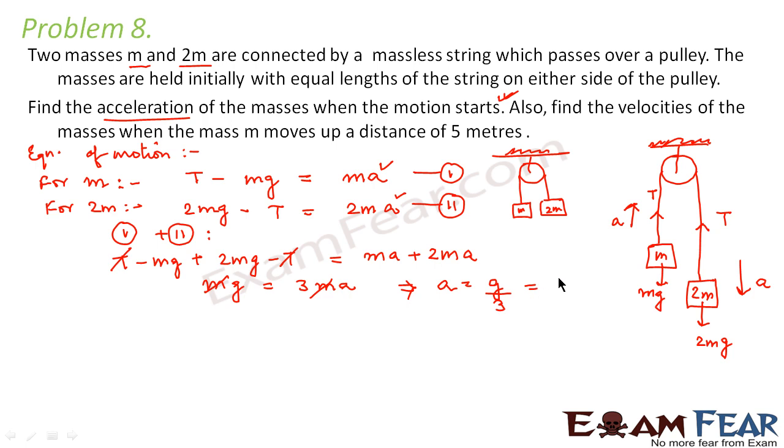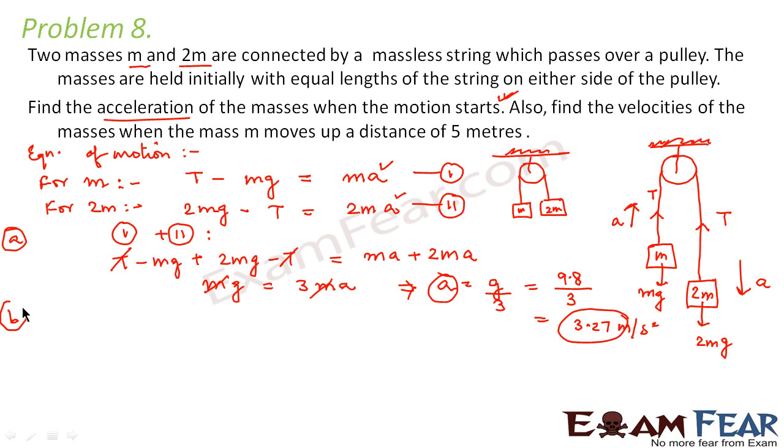Now g by 3 comes out to be 9.8 divided by 3, which is equal to 3.27 meter per second square. So this is the value of acceleration. The acceleration of the masses would be 3.27 meter per second square when the motion starts. So the first part is done.